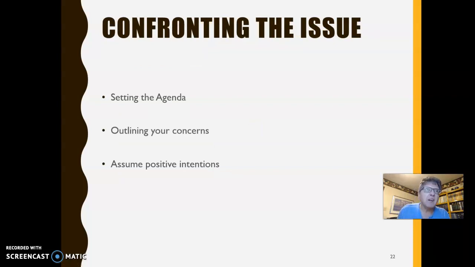So, going about and confronting the issue. These are basic steps that one should take, or basic suggestions for dealing with conflict. The first is to set the agenda. And what I mean by that is when you are in a conflict relationship with somebody, or there's something that is causing stress in the relationship, and you want to settle it, it's important that you set the agenda.